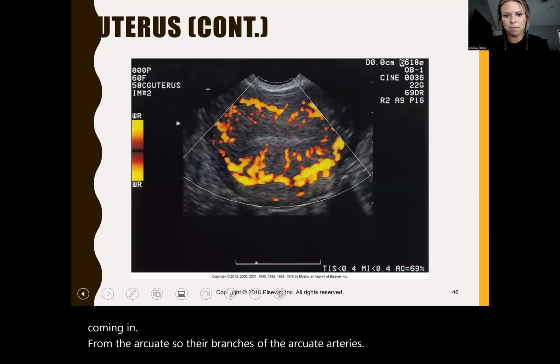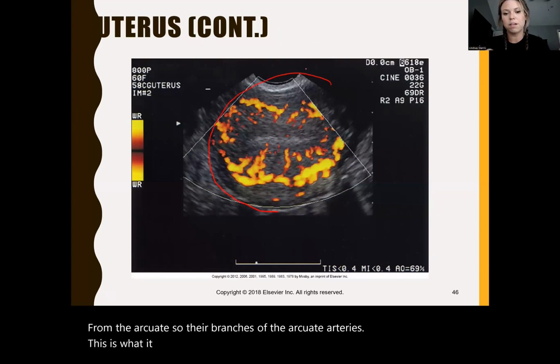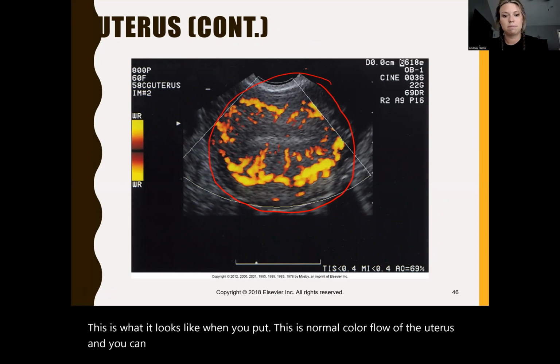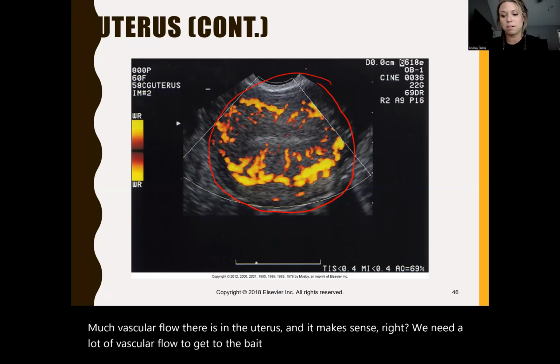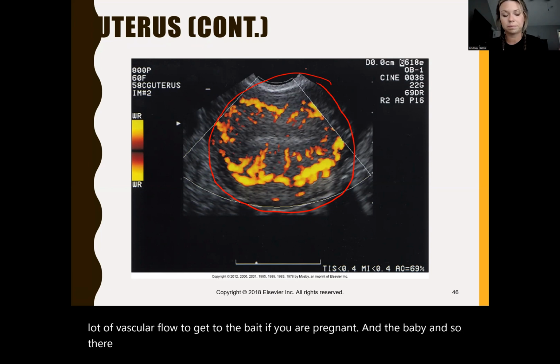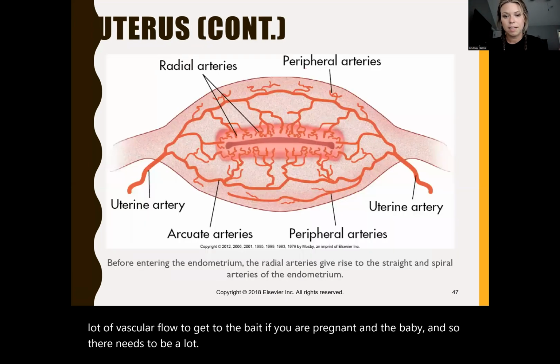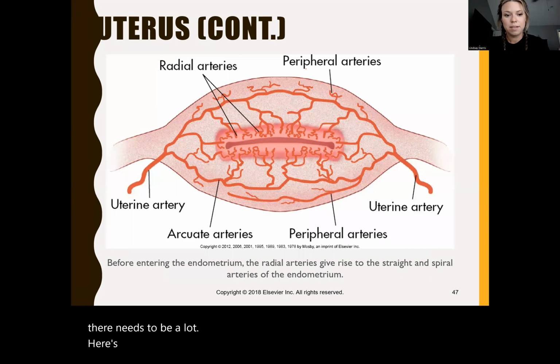This is what normal color flow of the uterus looks like. You can see how much vascular flow there is in the uterus. And it makes sense, right? We need a lot of vascular flow to get to the baby if you are pregnant. And so there needs to be a lot. Here's a better picture than my drawing. So here's the uterine artery. That's the first one.